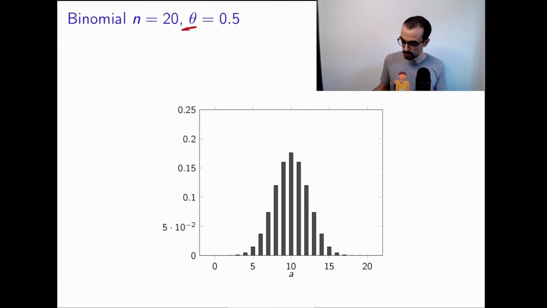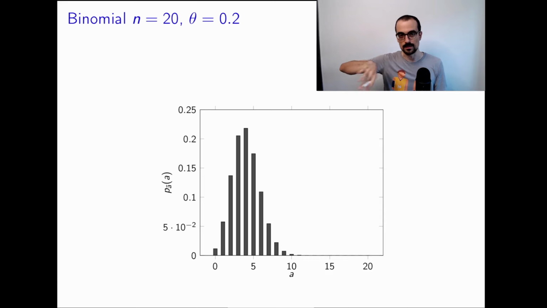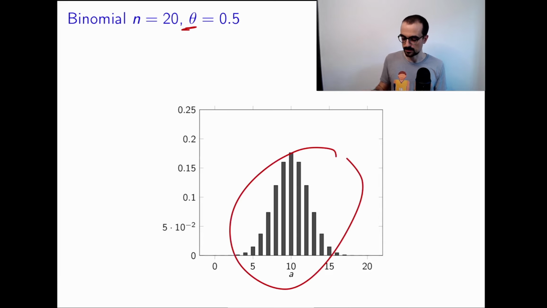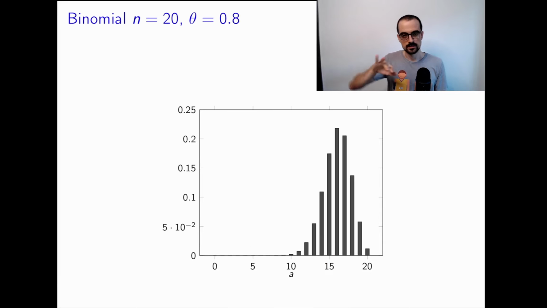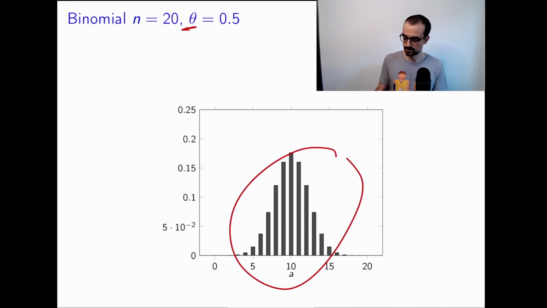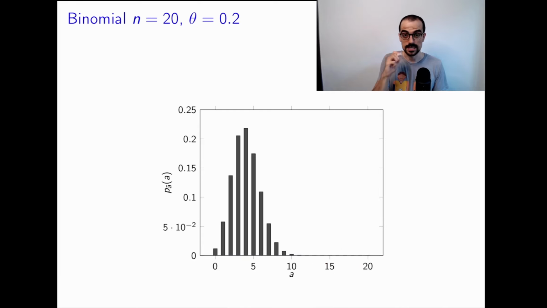When theta grows, compared to smaller theta you get more probability towards the larger values of A. And if theta grows even more, you get even more probability closer to N. So that's how the parameter theta affects the shape of the PMF. But the shape is completely determined by the formula that we have established. It only depends on that parameter, theta.